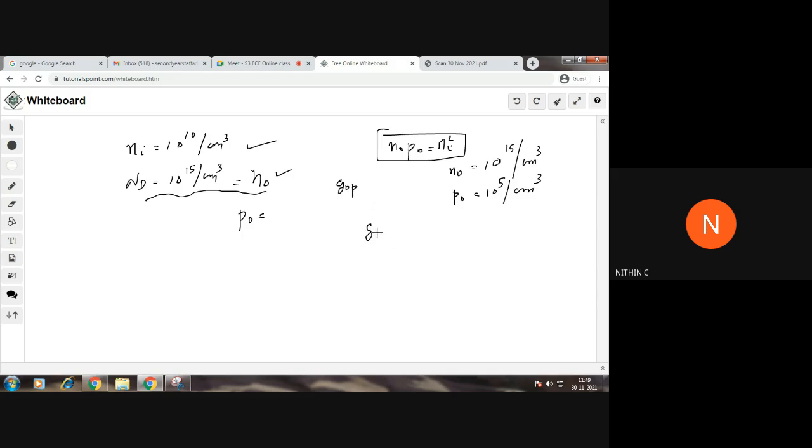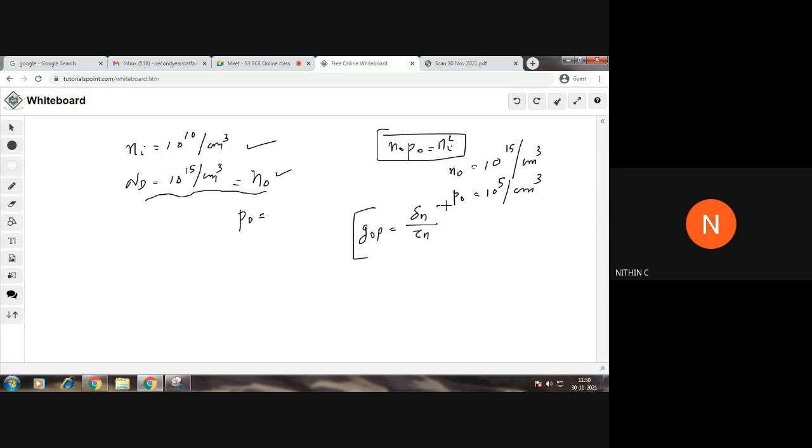The expression that you are having is GOP is equal to delta n by tau n. This is the expression that you are having. ഓർക്കുന്നുണ്ടോ ആ എക്സ്പ്രഷൻ? I think you have written that in the book, in that sheet also. ആ ഒരു ഷീറ്റിലും ഈ എക്സ്പ്രഷൻസ് എഴുതണം.